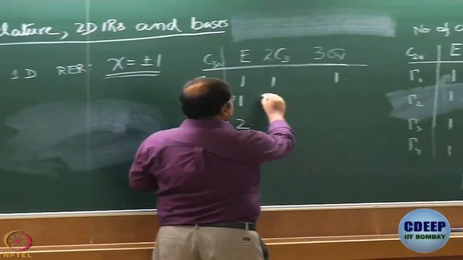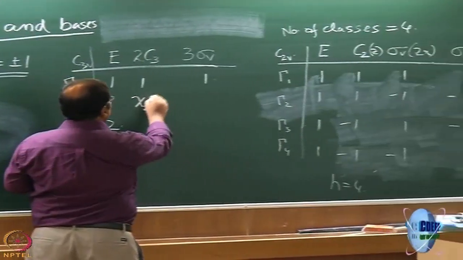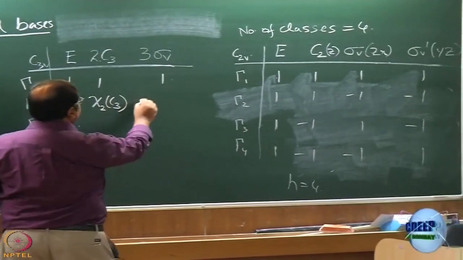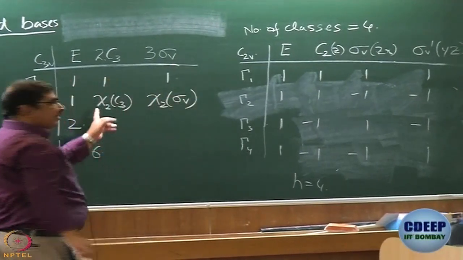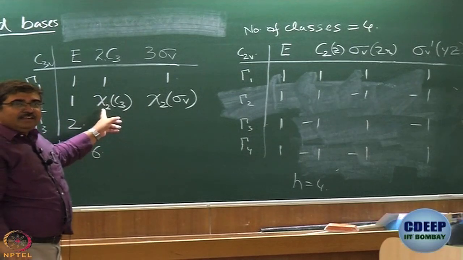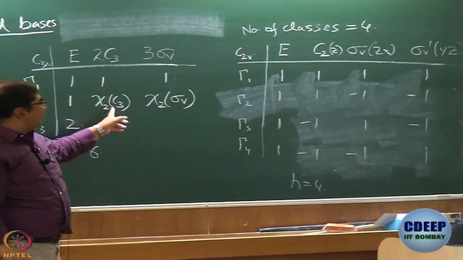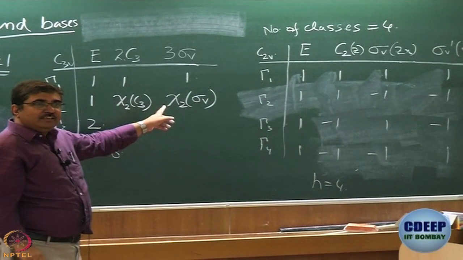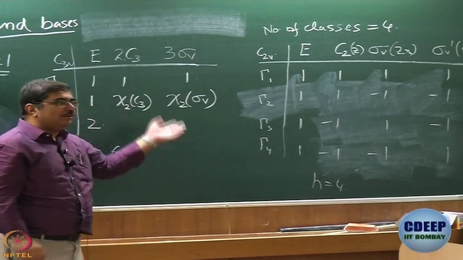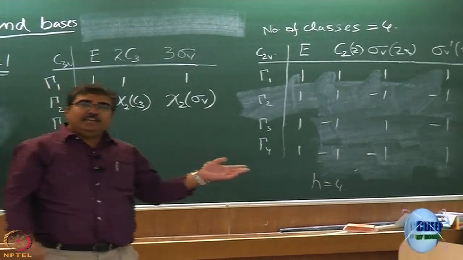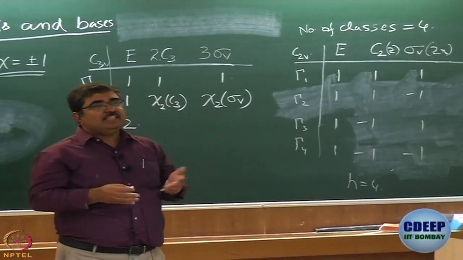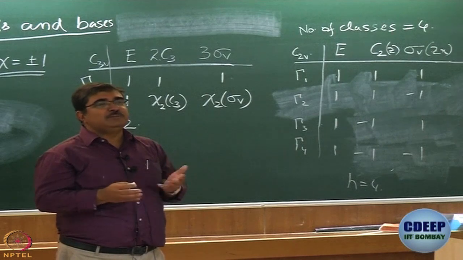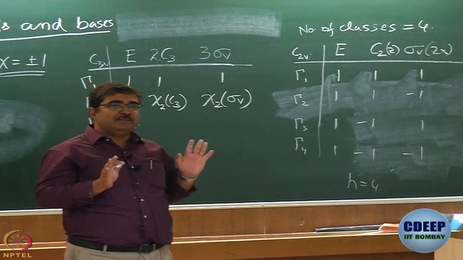Now, what I need to find is chi2 of C3, chi2 of sigma v. Is this way of writing clear? You understand what I mean by chi2 of C3 and chi2 of sigma v? See here, earlier when I talked about C2v, it was enough to talk about chi i, because I knew that the chi i's would be only plus 1 and minus 1, all were one dimensional representations.